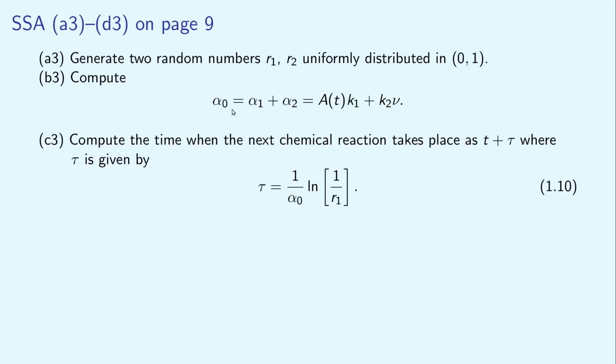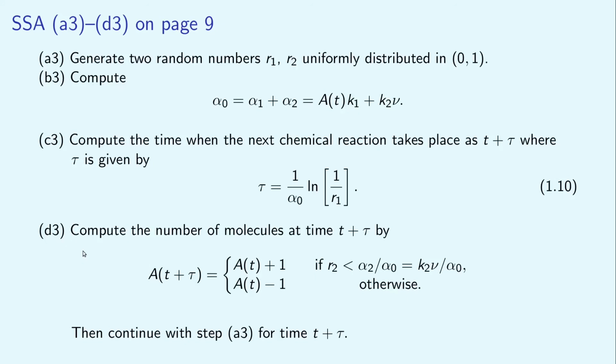Then we know that the time to the next occurrence of a reaction is exponentially distributed with mean 1 over alpha 0, so that we can sample it using the formula 1 over alpha 0 times logarithm of 1 over R1. Therefore, step C3 calculates the time when the next reaction occurs.